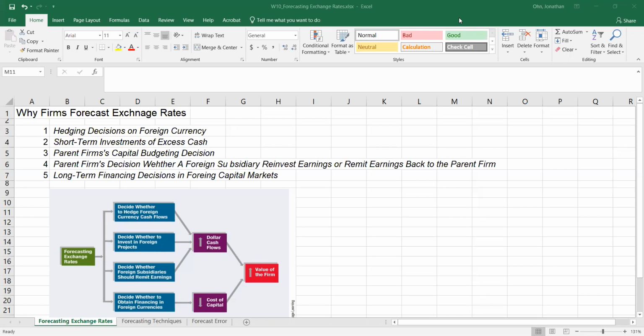It depends on the forecast of the future exchange rate. And for long-term financing decisions in the foreign capital market, the forecast of the exchange rate is also an important factor.